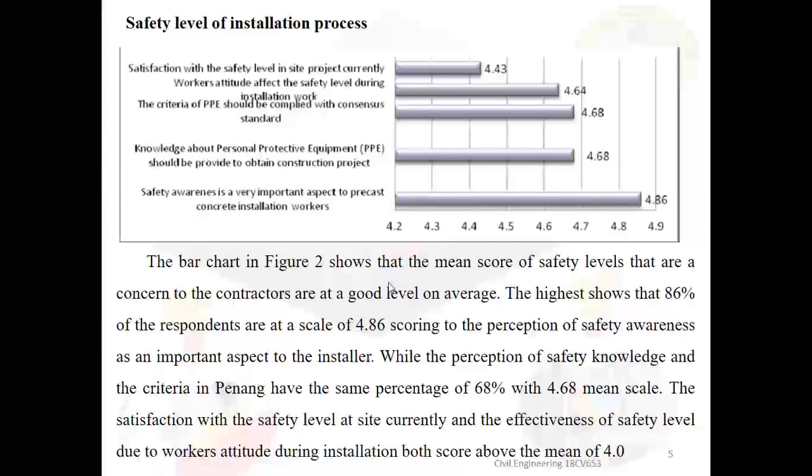The highest score, 4.86, is from the respondents' perception of safety awareness as an important aspect for the installer, while the perception of safety knowledge and criteria have the same mean scale of 4.68. The satisfaction with the safety level at the site currently and the effectiveness of the safety level due to the workers' attitude during installation, both scores were above the mean of 4.0.